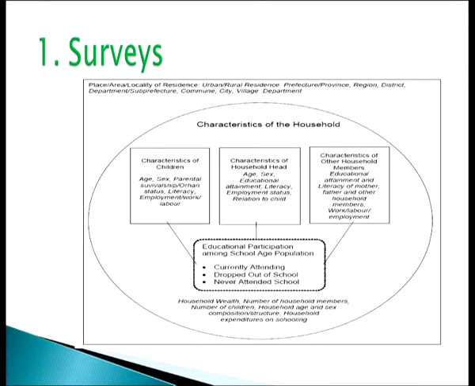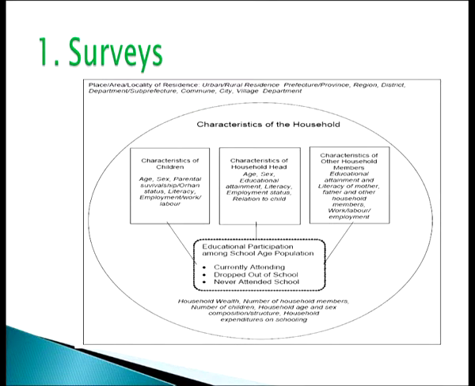The first, the most commonly used technique, we call it as surveys. Surveys, as you know, provide vital information on the issue of schooling when we talk about characteristics of the household. The characteristics of the household head are his or her age, sex, educational attainment, literacy, their employment status and relation to the child.